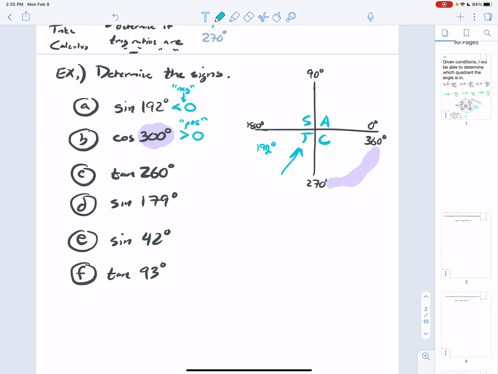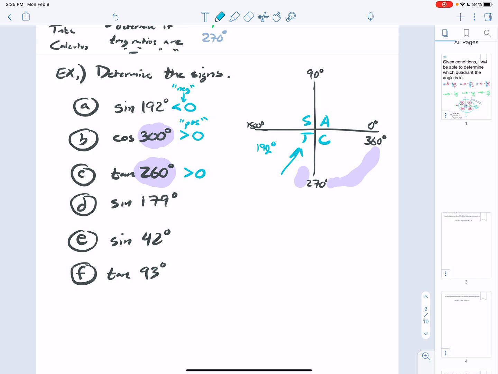All right, let's keep going. 260 is right here in between 180 and 270, so that's quadrant 3, and it's tangent. So tangent is positive in this section, so we know it's going to be greater than 0. All right?